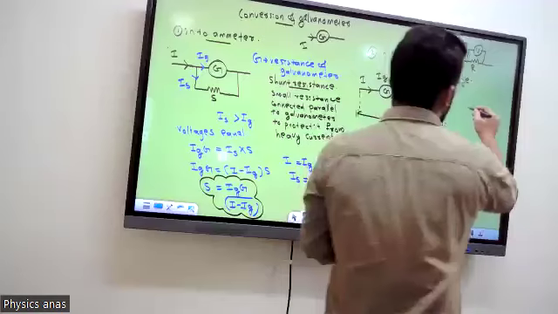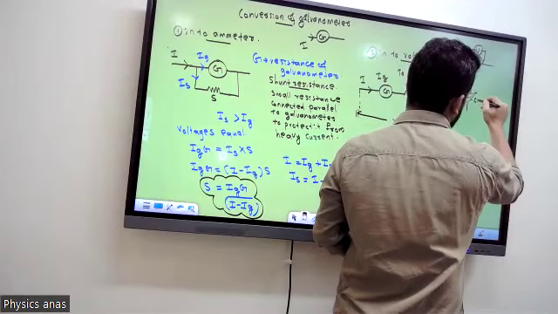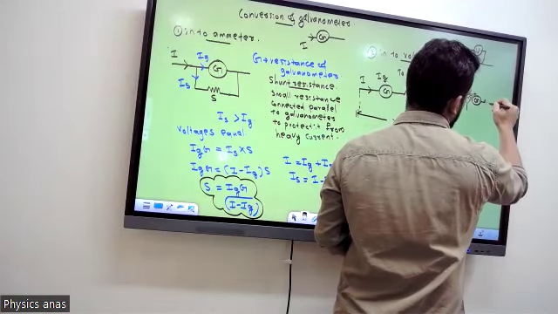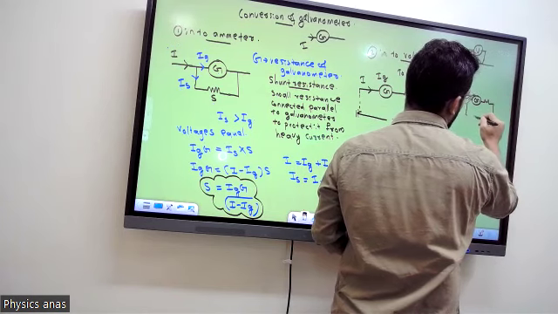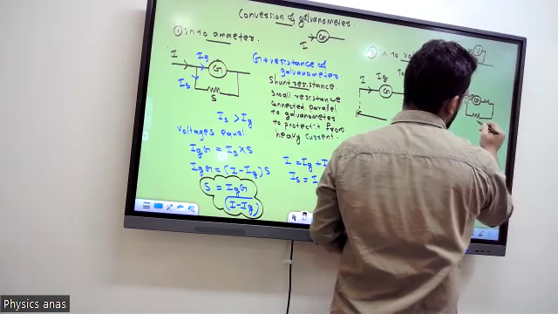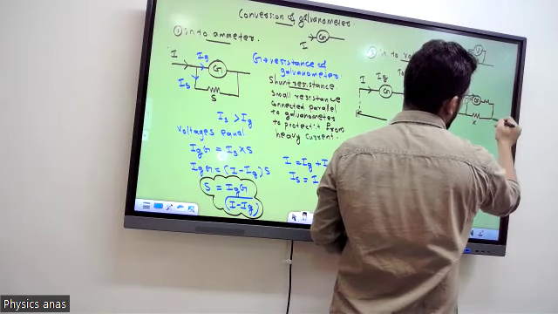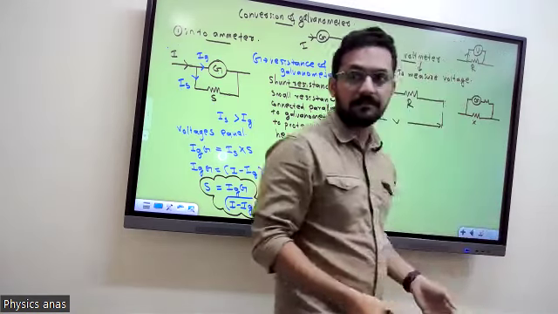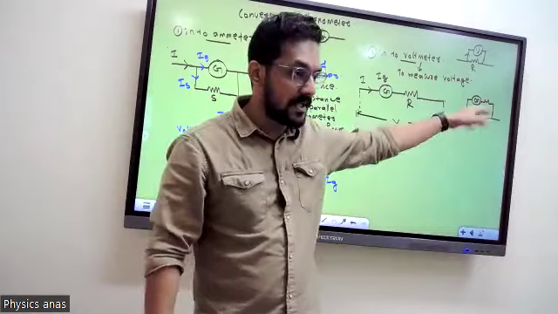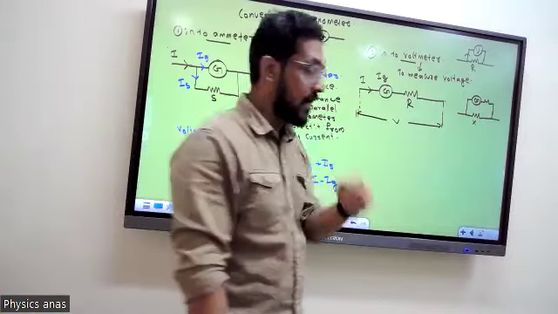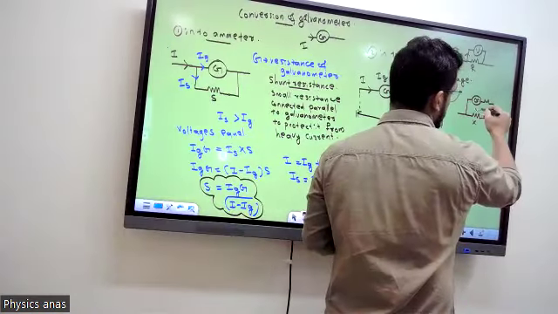If you are connecting this setup parallel to the resistance here, you have to find the voltage across this resistance.